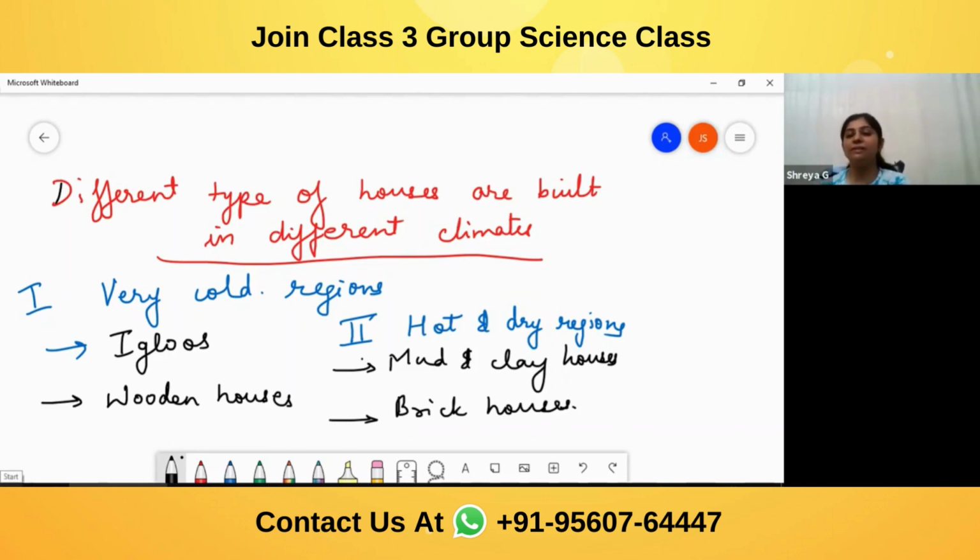Next climate is hot and wet climate. So in hot and wet climate, we have done the huts.